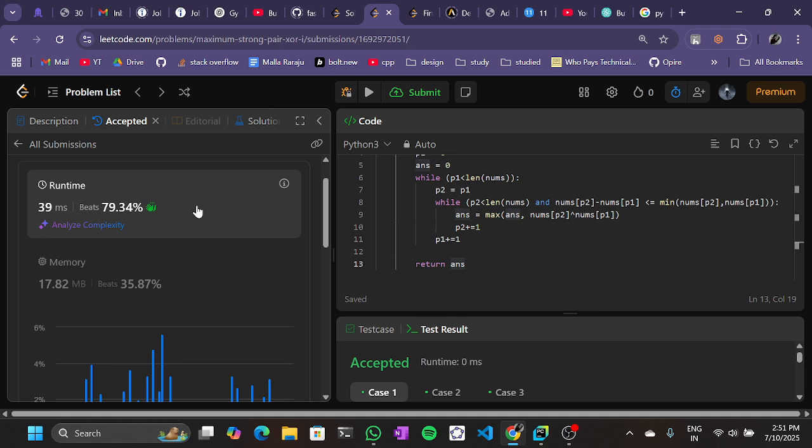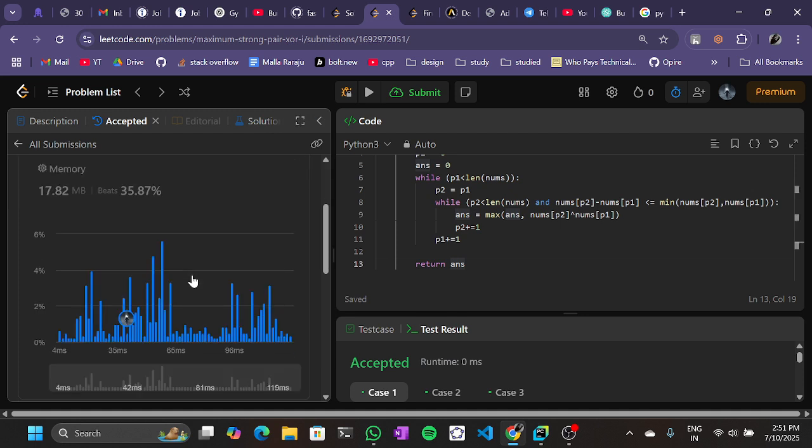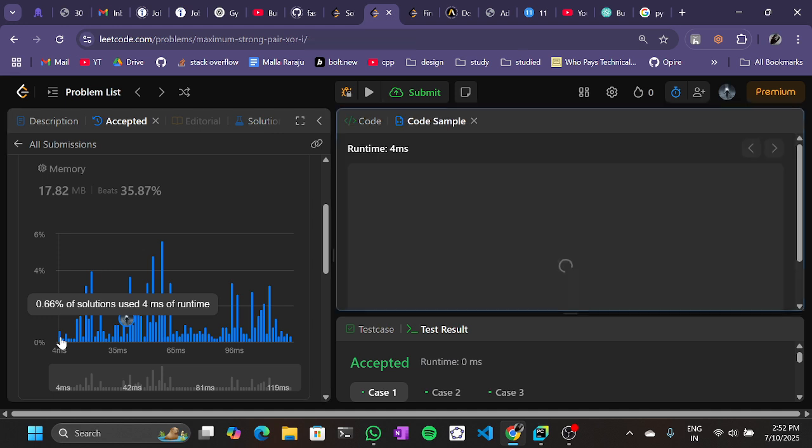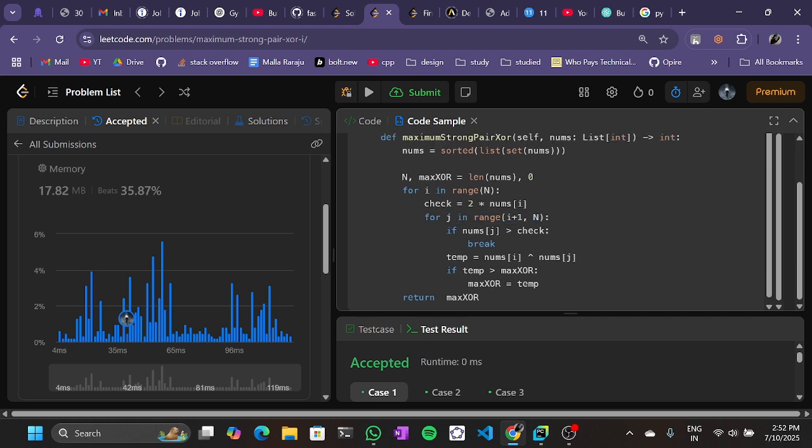To be precise, it's order of n into n plus 1 by 2, or we can say n square by 2. But I guess there is no other optimal solution than order of n square by 2. But there are solutions with 4 milliseconds, which might be probably linear, and just one for the range of 5 plus 1 and 9. It is doing the same thing.